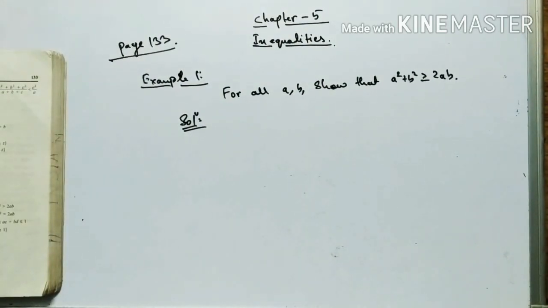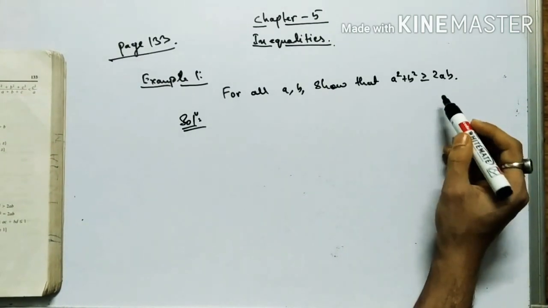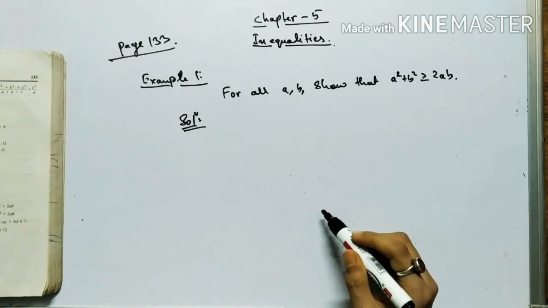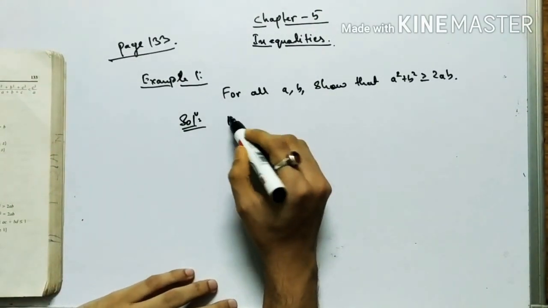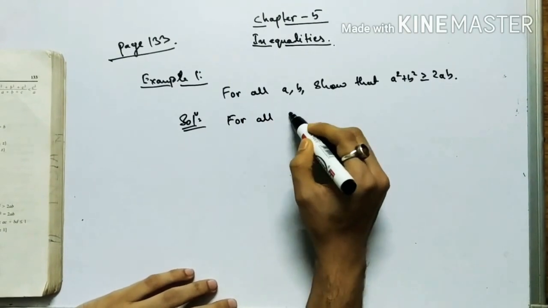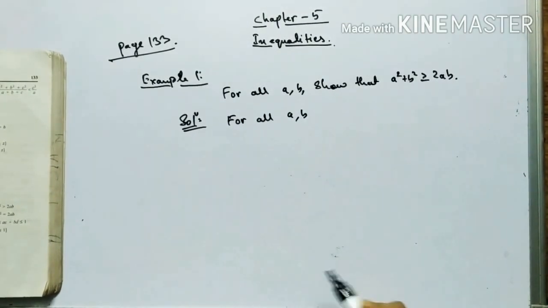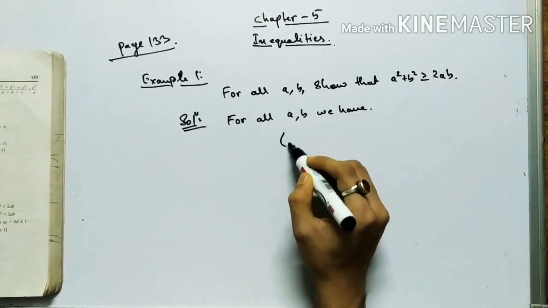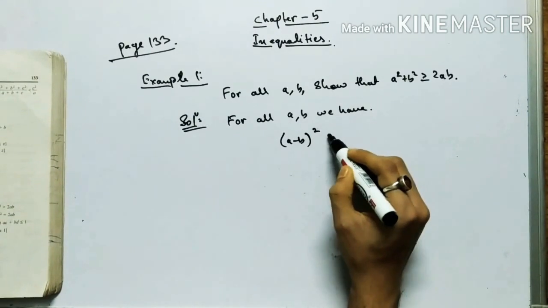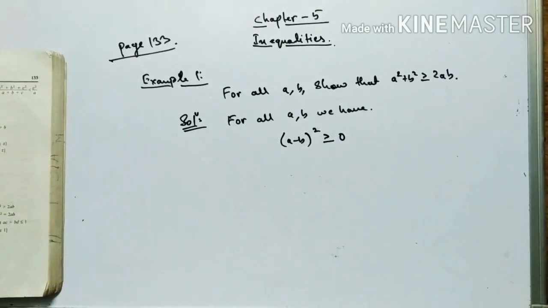So the question is saying that for all a, b, a square plus b square is greater than or equal to twice ab. One thing we know here, for all a, b, is that a minus b the whole square is greater than or equal to 0.